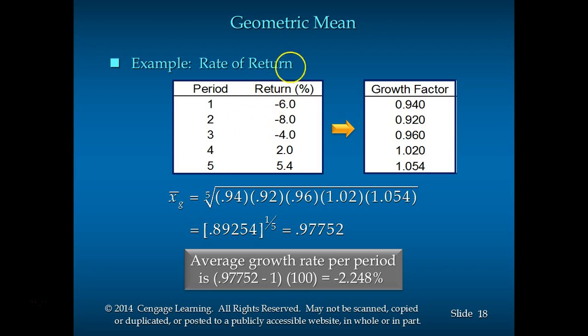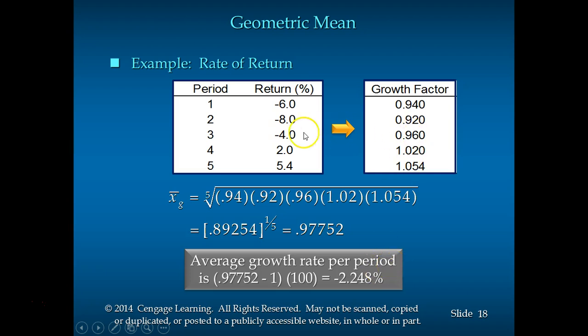The economy might be going very bad with this coronavirus. So housing prices might be dropping. Suppose the first time it dropped by 6%, then 8%, and 4%, then it increased by 2%, then 5.4%. The question is, what is the average rate of return, or the average growth rate per period?